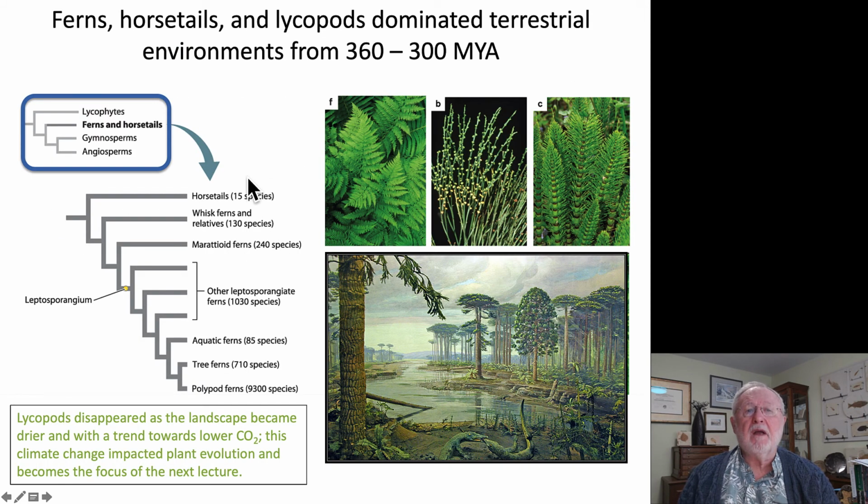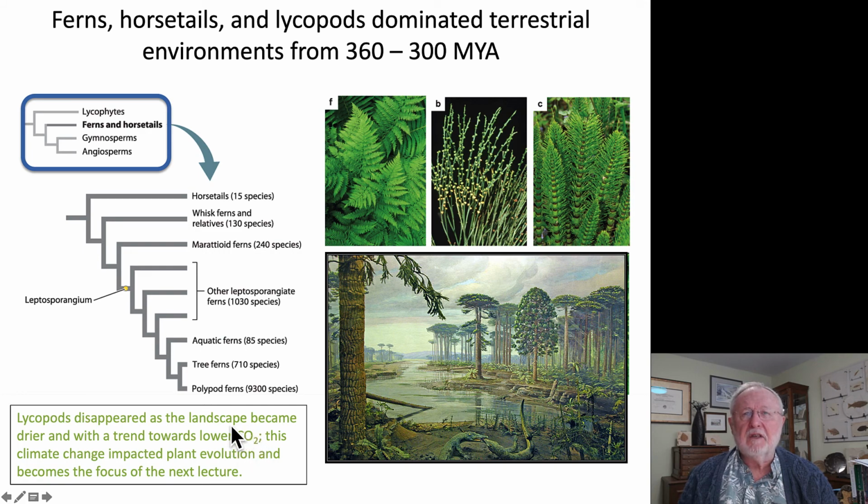As the carbon dioxide concentration was driven down, by the end of the Carboniferous, about 300 million years ago, the lycopod forest began to disappear. The earth was getting drier, carbon dioxide was getting lower.